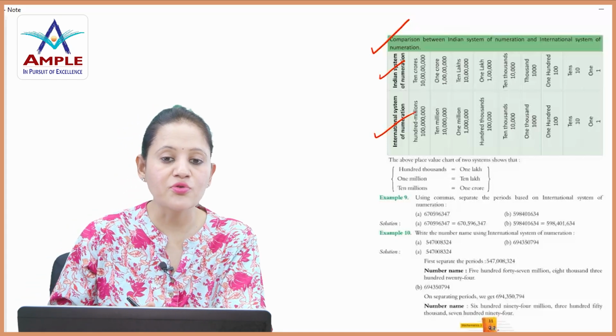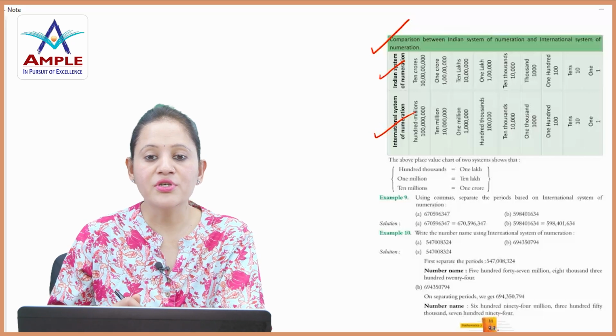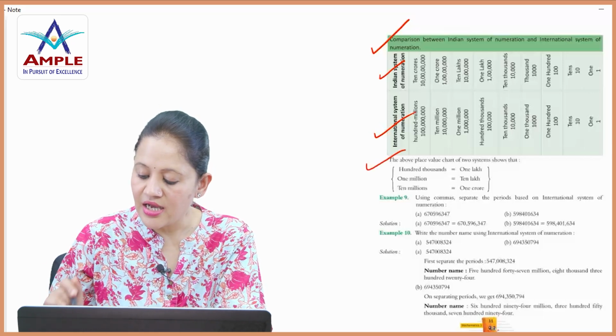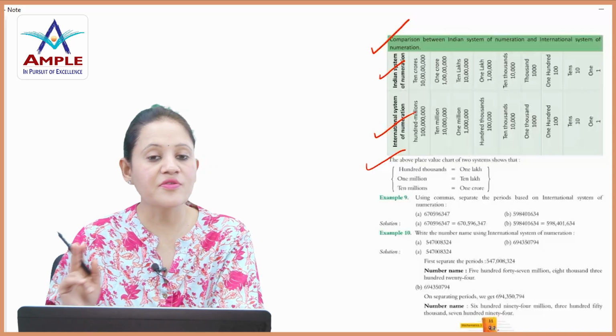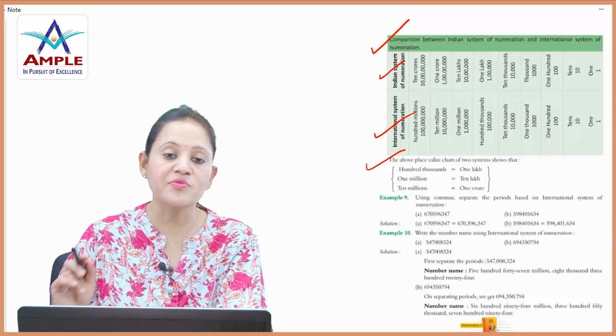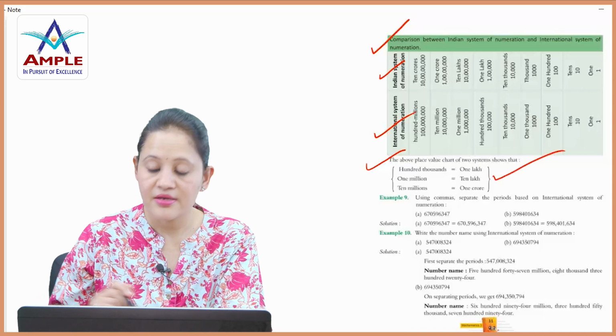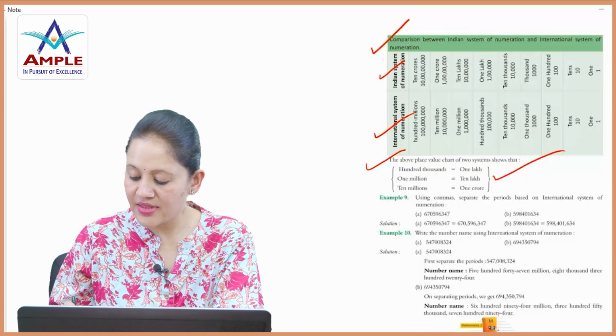So from the place value chart of the two systems of numeration, we see that 100,000 is equal to 1 lakh, 1 million is equal to 10 lakh and 10 million is equal to 1 crore.